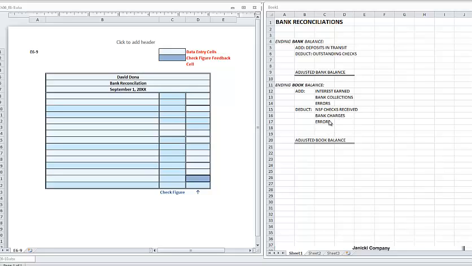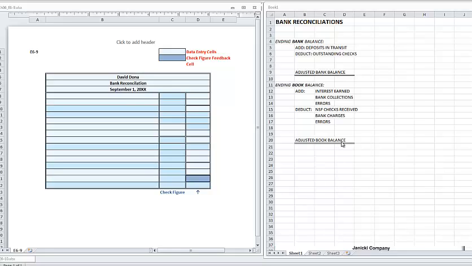And of course, any errors that are not in our favor need to be deducted from our books. So once we have our ending book balance and add back our additions and subtract our deductions, we will get our adjusted book balance. So when we're done, the adjusted bank balance has to equal the adjusted book balance.